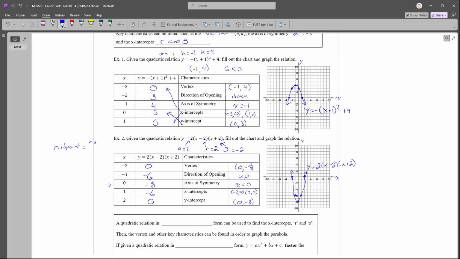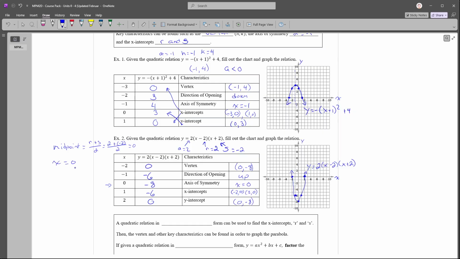So in this case, it's r plus s divided by 2. Well, r is 2, and s is -2. 2 plus -2 is 0. 0 divided by 2 is still 0.